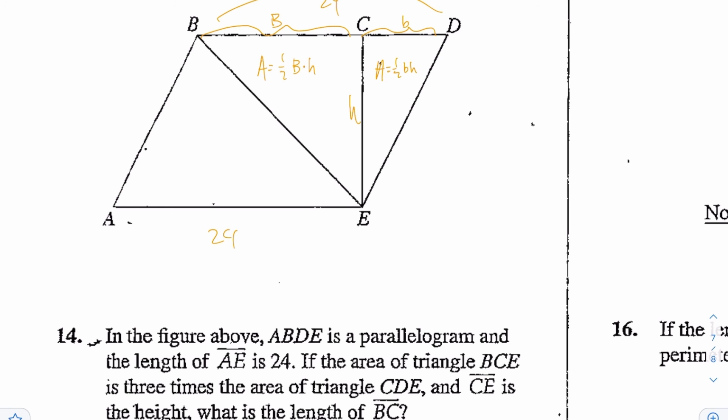Now the area of triangle BCE is 3 times this, or rather the smaller triangle times 3 is equal to the larger one. So that means that 1/2 lowercase b times h, multiplied by 3, will be equal to the larger triangle.